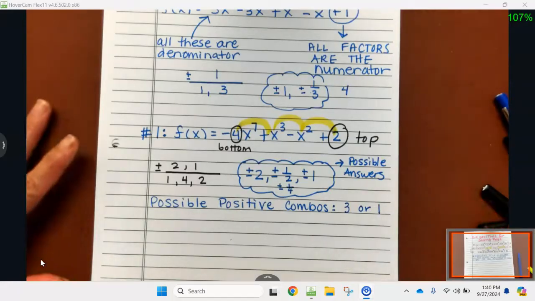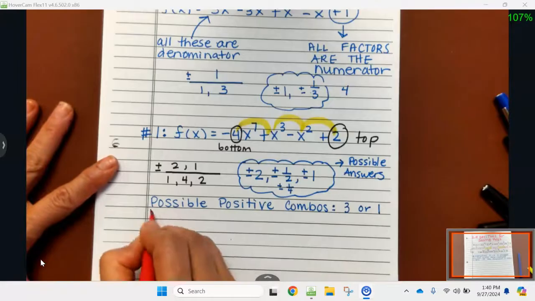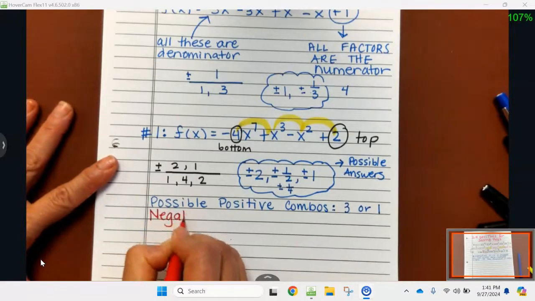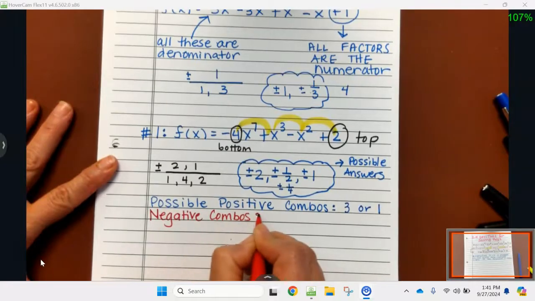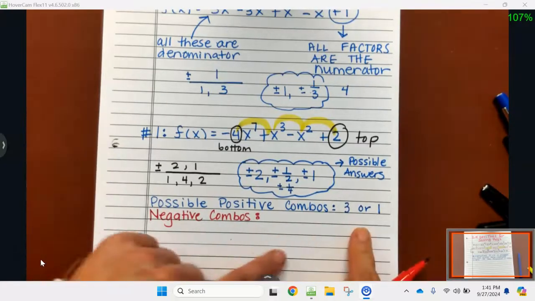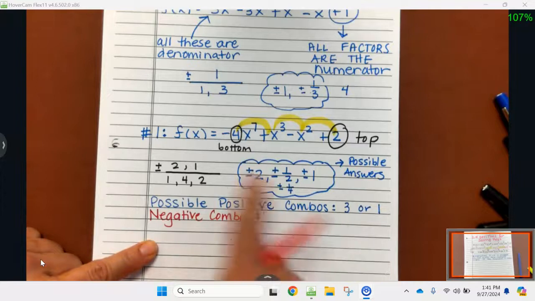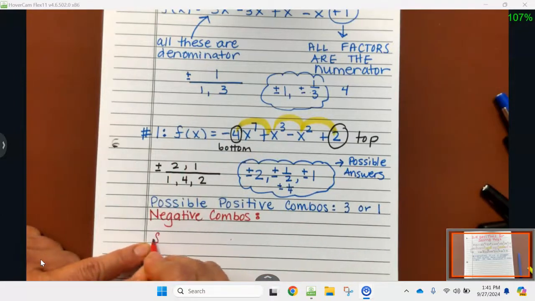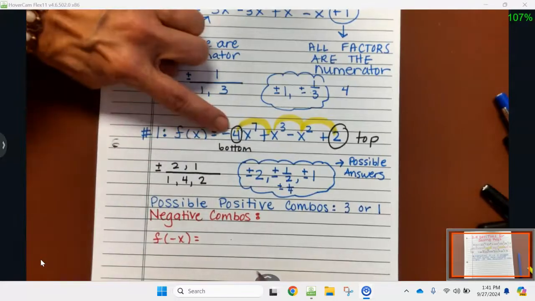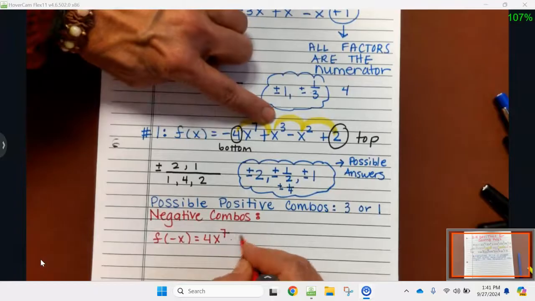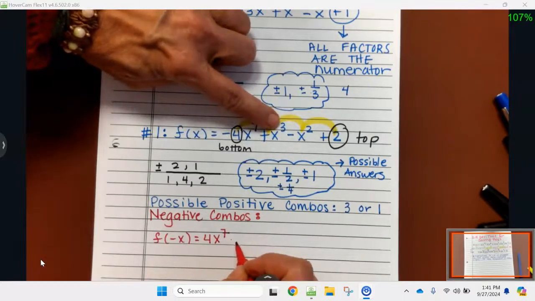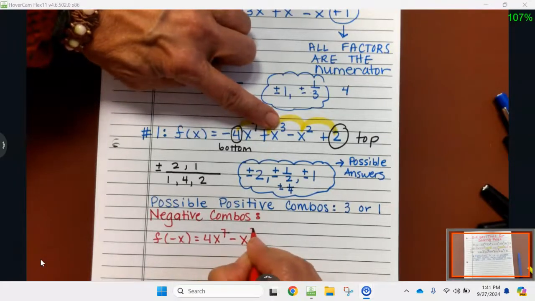Now let's analyze the negative combos. So the negative combos, I will put on this answer blank. I'll just show my work under here. So remember, we're going to plug in a negative x, and the only thing that's going to change are the odd exponents. So that's going to turn into positive 4x to the 7. Ooh, that's changing too because that's odd. So minus x to the 3rd.